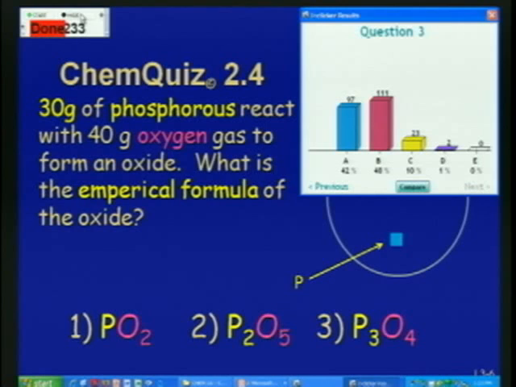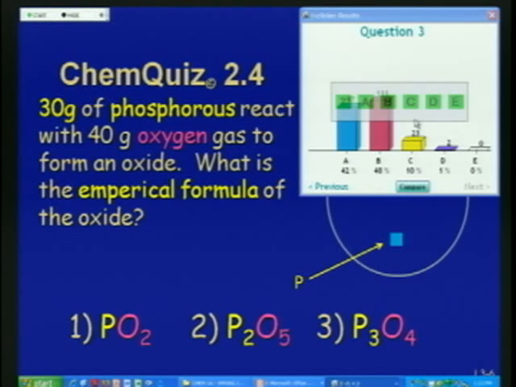Wow. The morning class had this in one question. All right. So fortunately, we don't have too many people who say 3 to 4, because that would not be the molar ratio in this case.